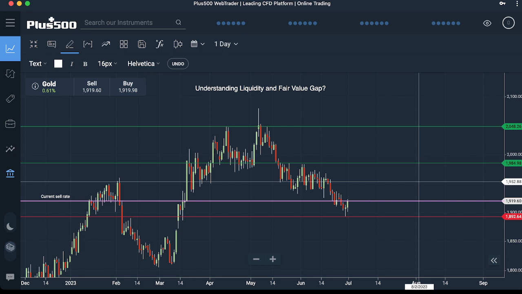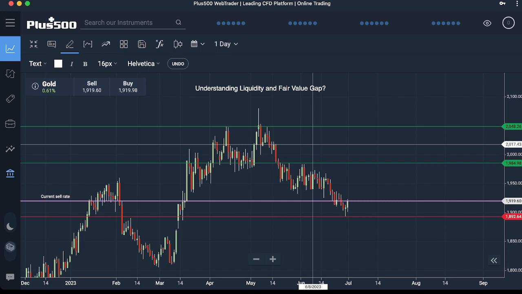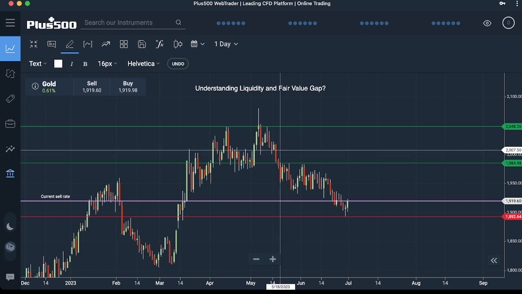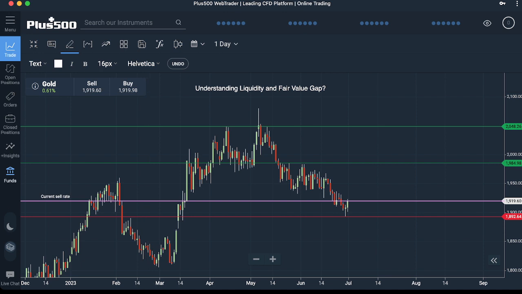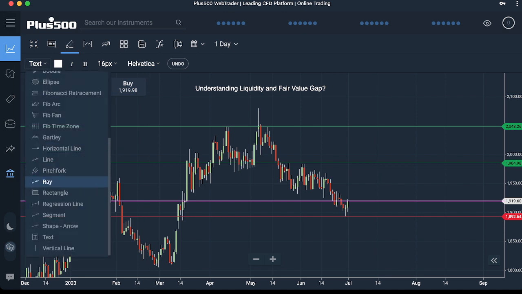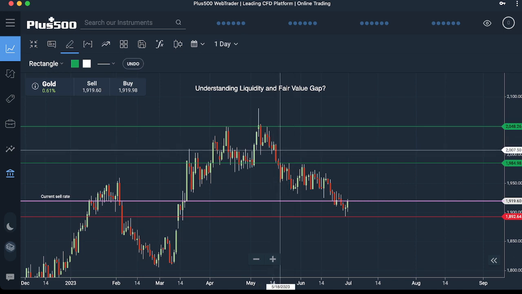We want to somehow merge this concept together, and you can see there are some fair value gaps here. Let me get a rectangle to show you that here we have a fair value gap, as you can see.